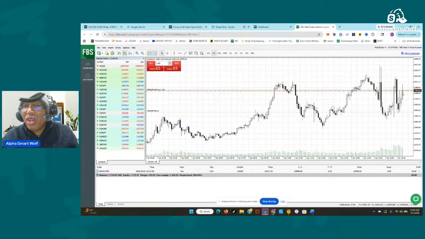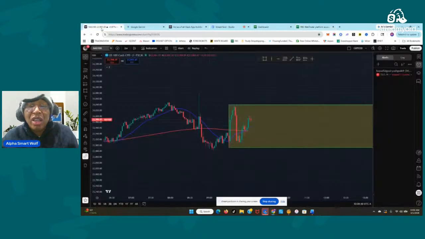Right now, we're just looking at this. It's still coming back to below our entry point. There's a bit of pushing and shoving there. We are still hopeful that we're going to break out on the upper side.